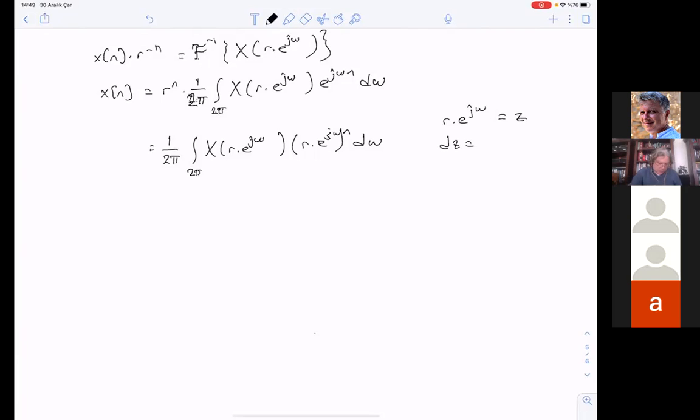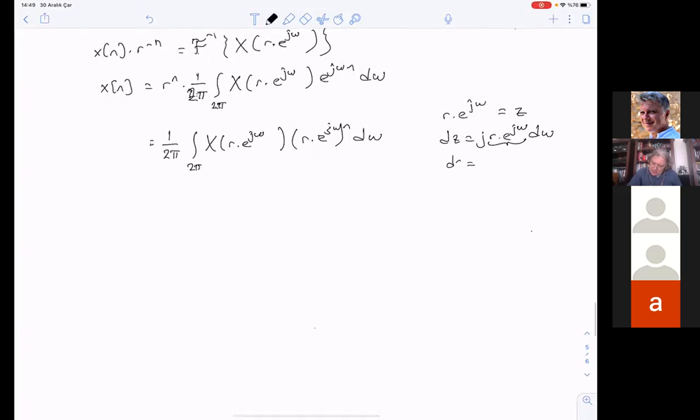dz is equal to j times r times e to the j omega d omega. Okay, we can write it like this. If you take the partial derivatives of both sides of this equation, this is what you will get. Now, the right-hand side, this r times e to the j omega, is z.